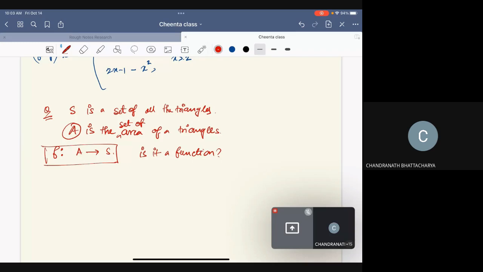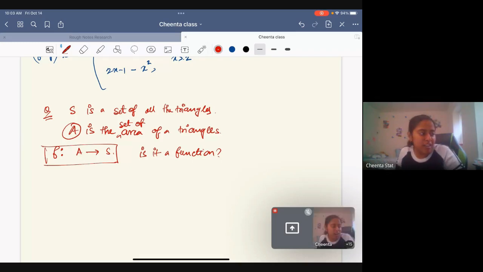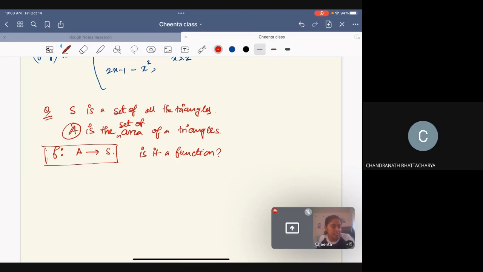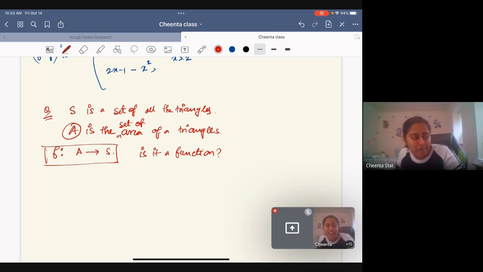That is the function. Oh, actually, you are mapping the area to the specific triangle of that area. Yes, we are trying to map the area of a triangle to the triangle.